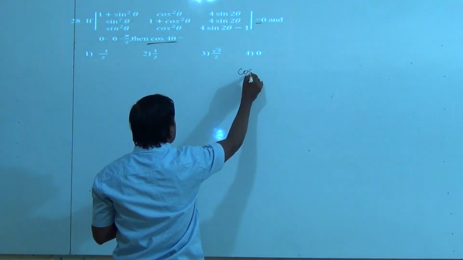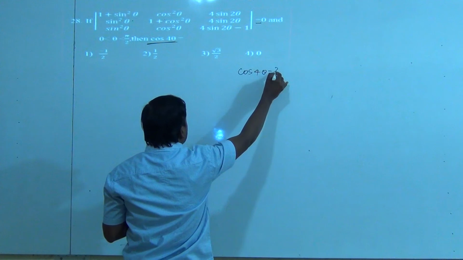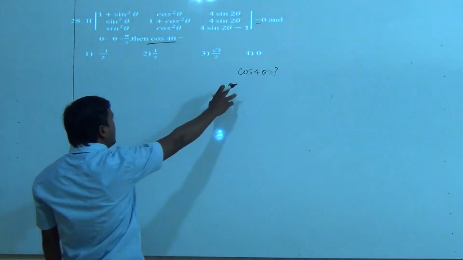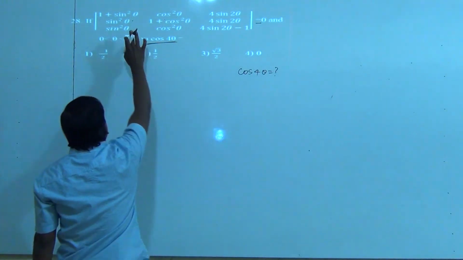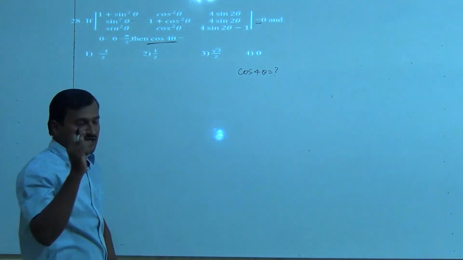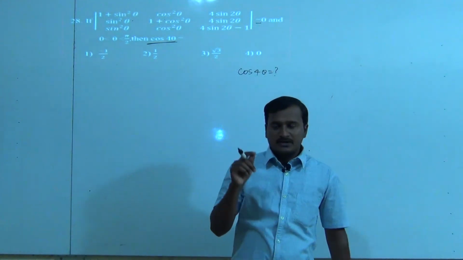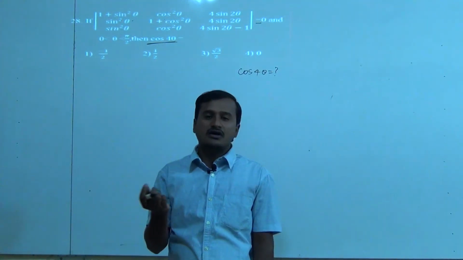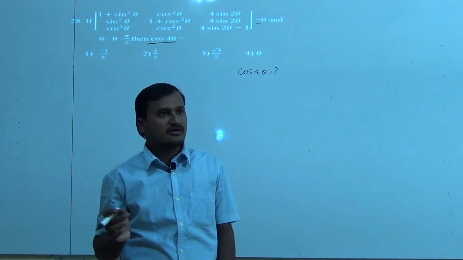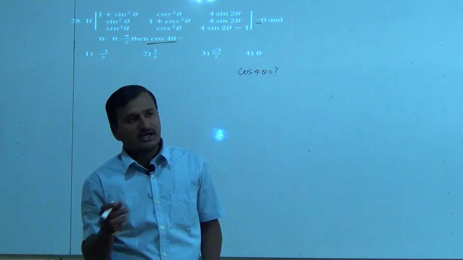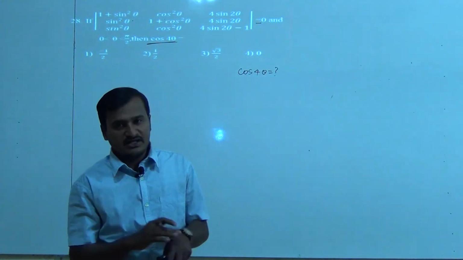Before finding cos of 4 theta, I will apply some elementary operation so that the elements of some row or column become 0, because if you make them 0, then it is very easy to expand the determinant.